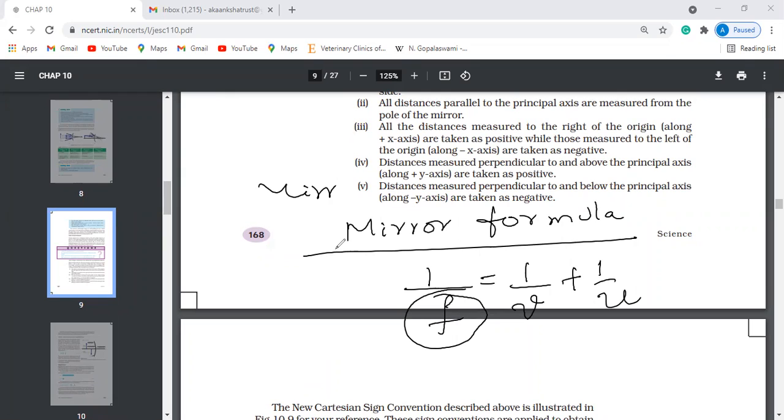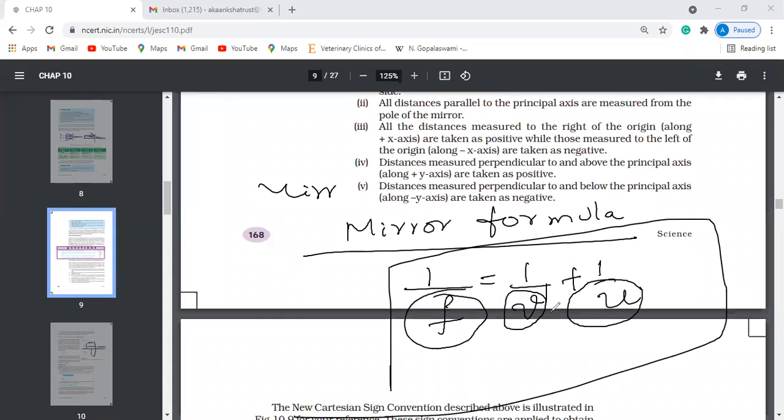I'm happy for you all. Next, what is v? Very good, Pavana. Yes, it's image distance. What is u? It's the object distance. Correct? Very good. So you have understood this formula. There is no derivation. You only have to remember this formula.